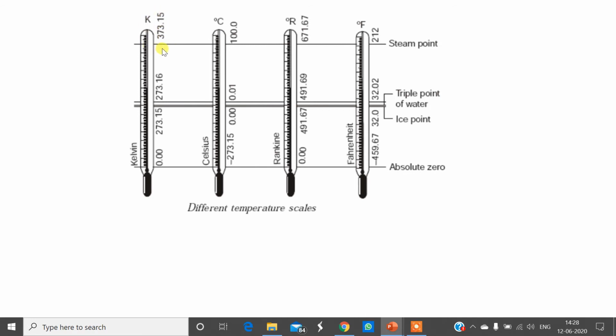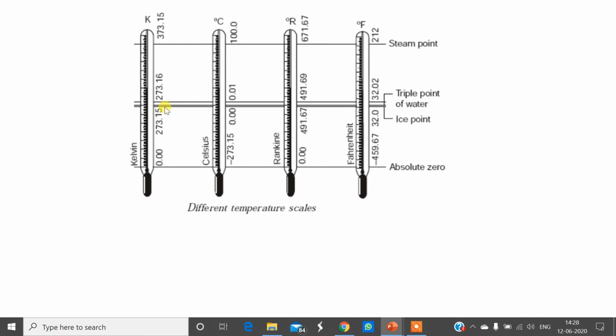You can see in roundup we take 273. Therefore it is 373.15. But for Rankine scale, it is 671.67. And the boiling point of water in Fahrenheit scale is 212.